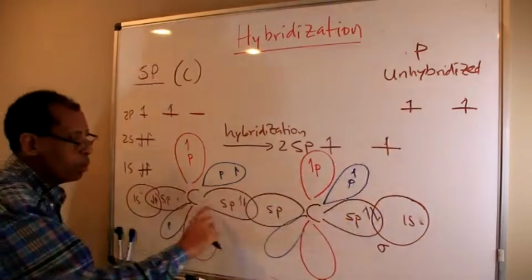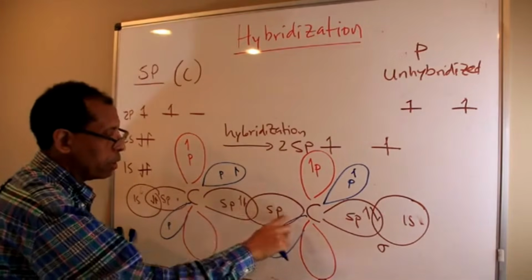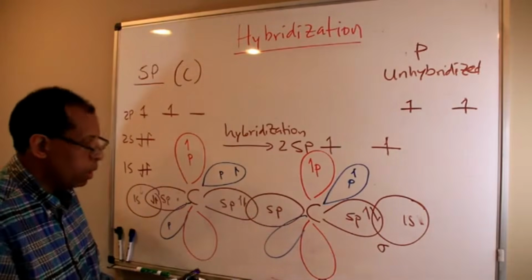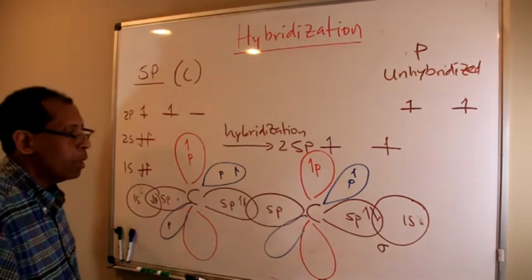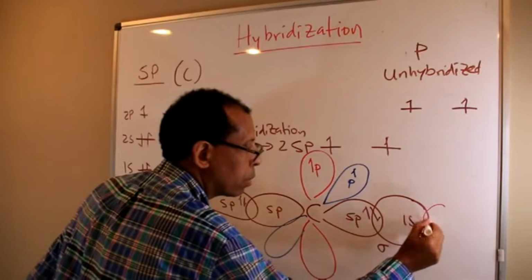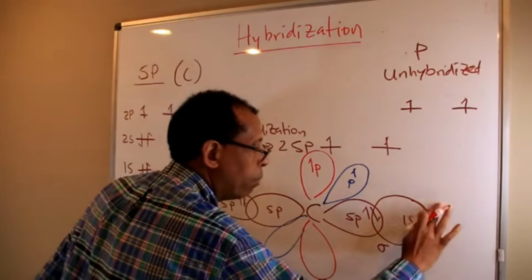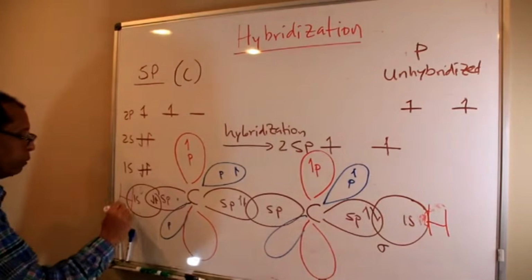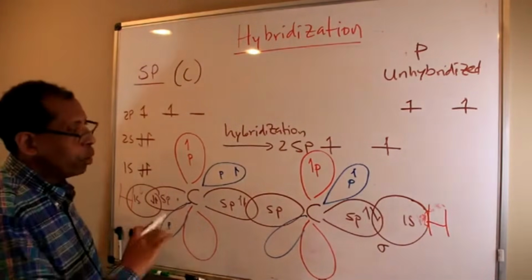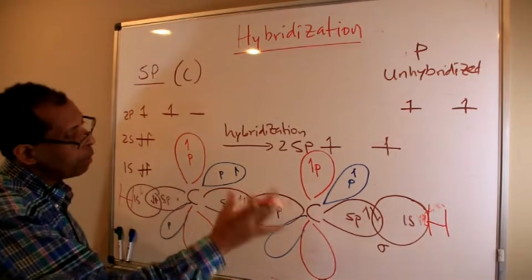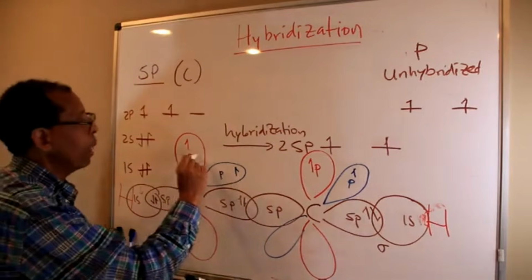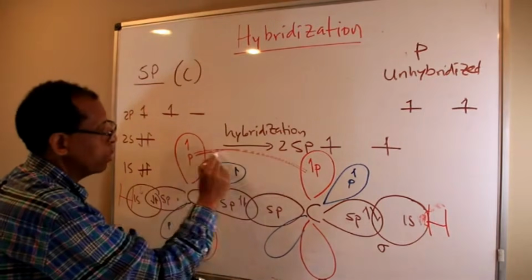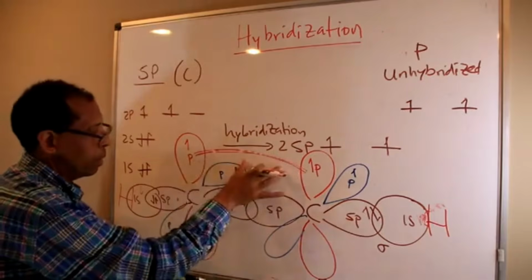So these two p orbitals are the unhybridized p orbitals. Now, remember, all hybrid orbitals make a sigma bond. So this is a sigma bond. Here we have hydrogen, which has already made a bond. When you make a bond, the unhybridized p orbitals always make a pi bond. So this and that would pair up their electrons and make a pi bond.